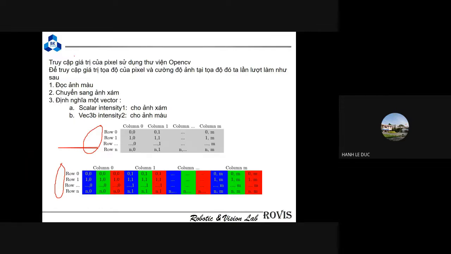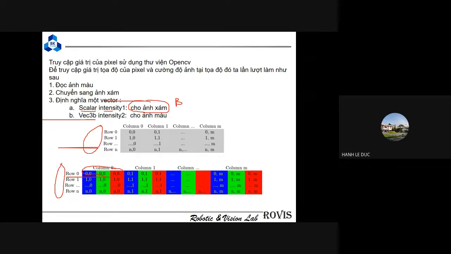To access the grayscale image or binary image, you have to define a scalar like this. To access the RGB image, you have to define a vector, because you know that at one coordinate we will have 3 values.